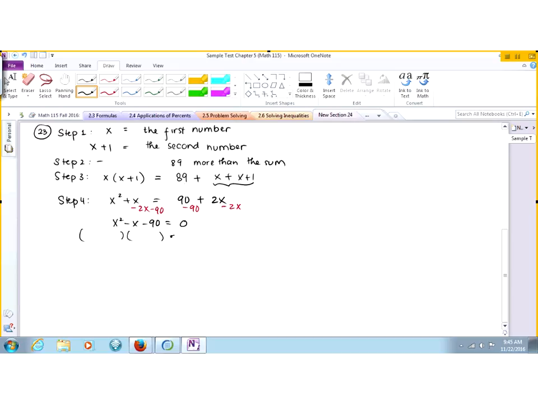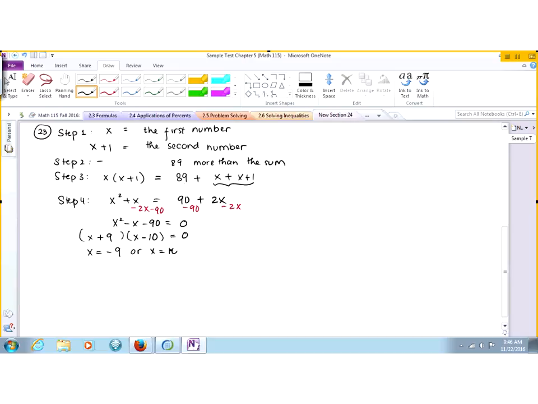Oh, so this is easy. What are the numbers? 90. 10 and 9? So x plus 9, x minus 10 is equal to 0. So what is x equal to?